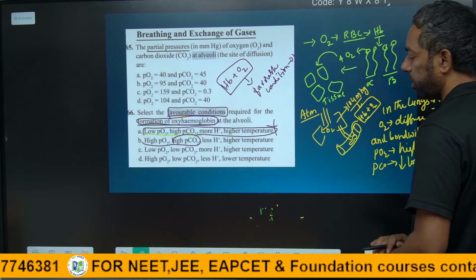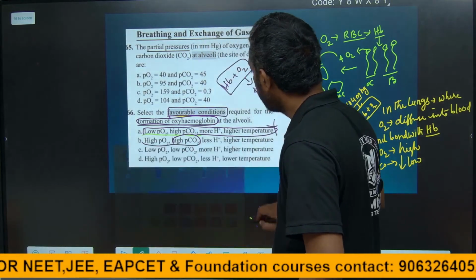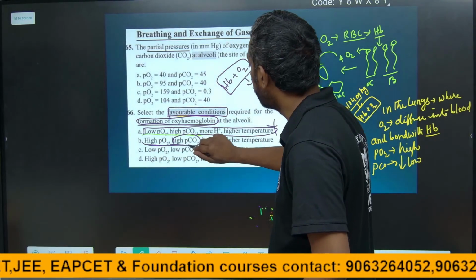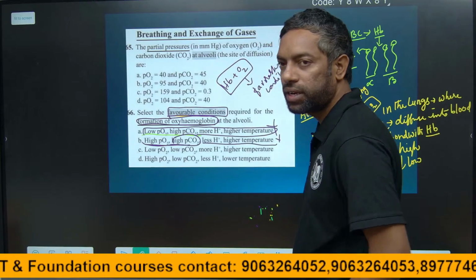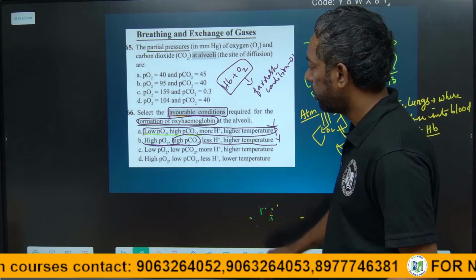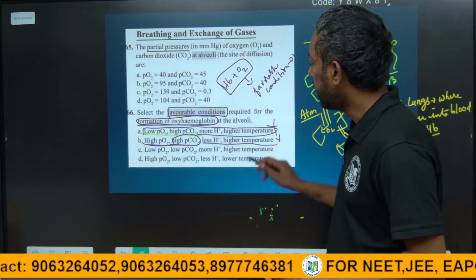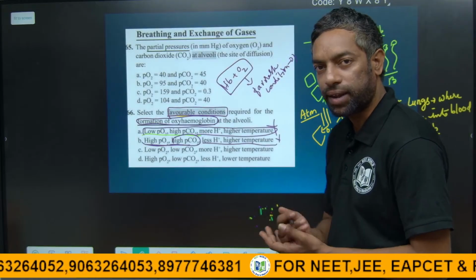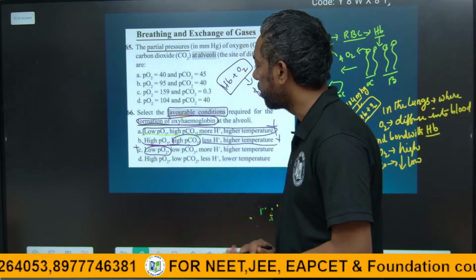This is the condition. So, look here, guys: partial pressure of oxygen is high but there are fewer H ions. Temperature and H ions are high in the tissue, not in the lungs. Where oxygen and carbon dioxide are attached, the concentration of hydrogen is high. Low PO2 is absolutely wrong.